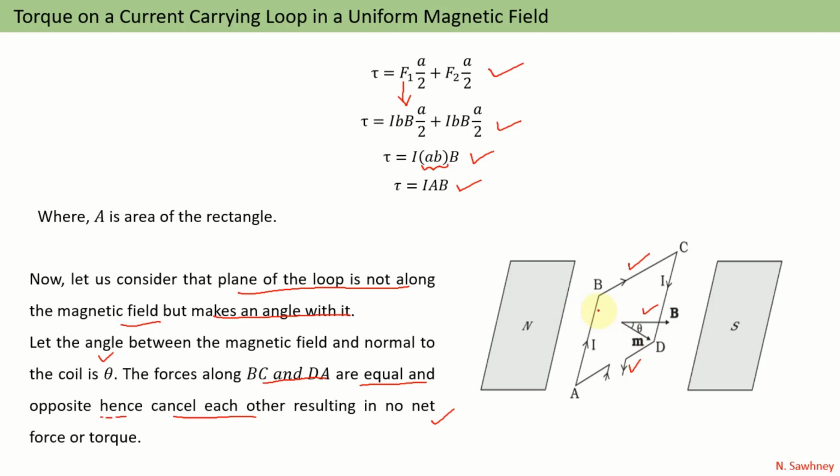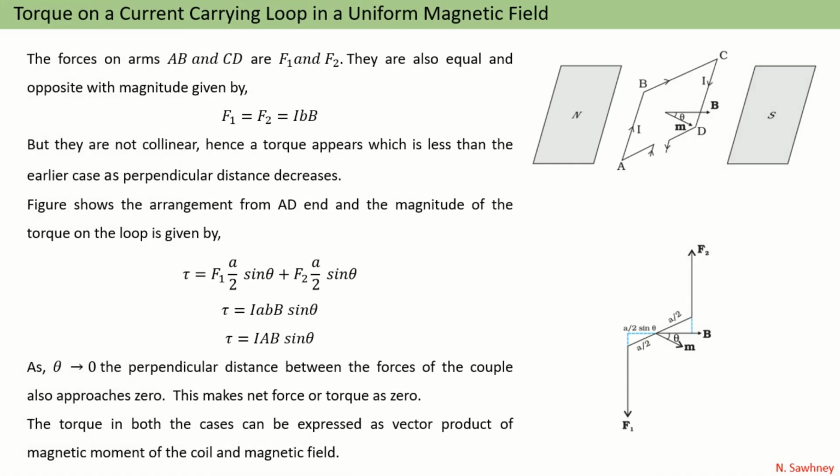So let us see for the arm AB and CD. The forces on the arm AB and CD are F1 and F2 as we have denoted earlier.